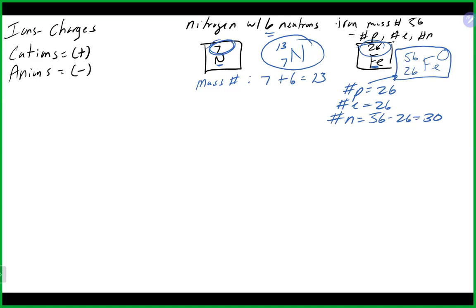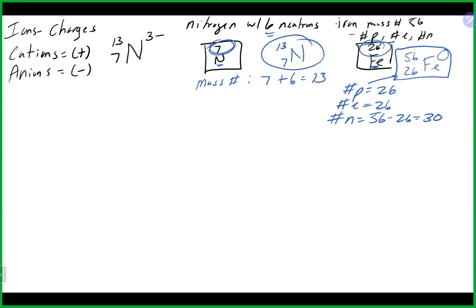So to illustrate what happens when something gains a charge and what happens to our protons, electrons, and neutrons, let's take a look at both of these guys here. Let's start with the nitrogen. Let's say we have the exact same situation here, nitrogen with 13 for the mass number, 7 for the atomic number, and it has a -3 charge in this case.